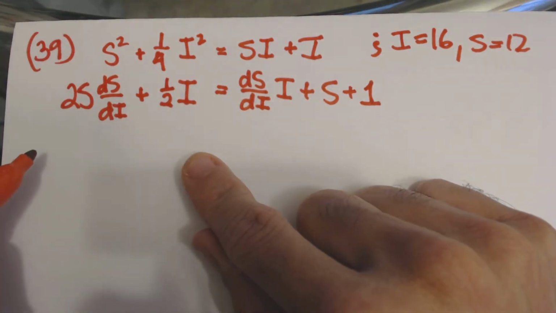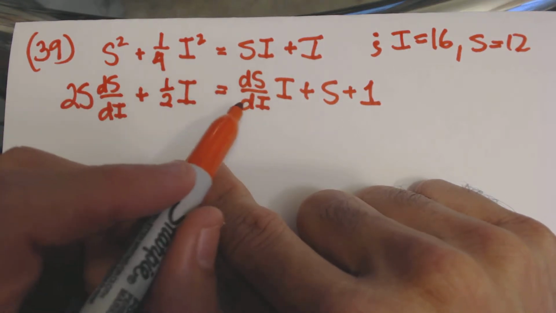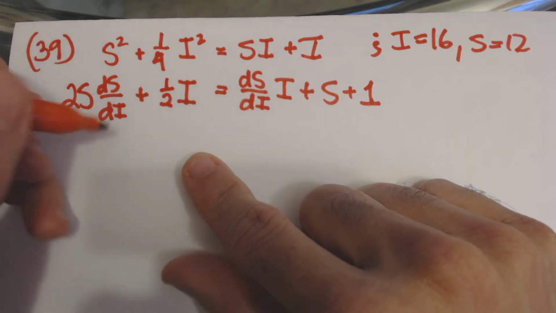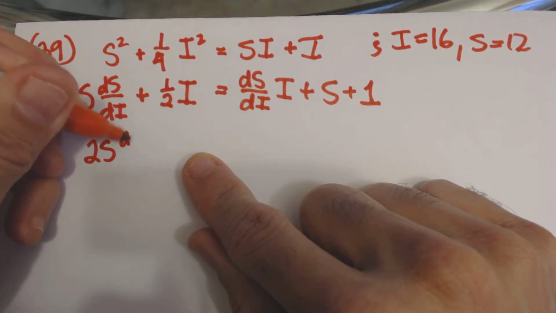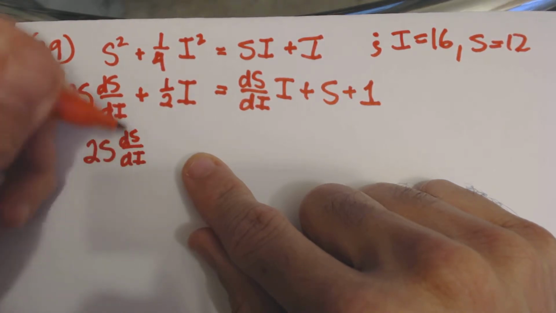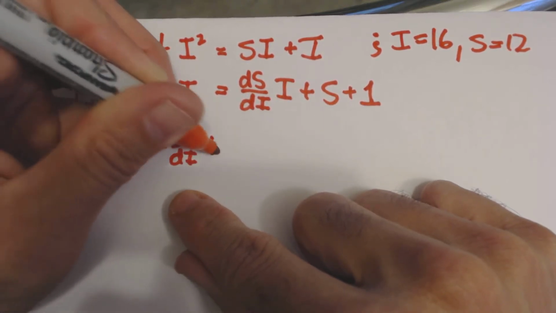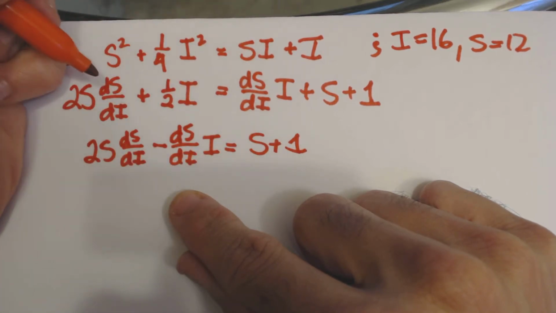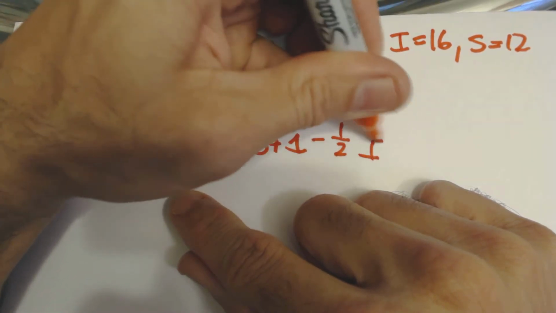Now we want to isolate the ds di terms. So let's subtract 1/2 I from both sides and subtract ds di times I from both sides as well. So we're left with 2s ds di minus ds di times I on the left equals s plus 1 minus 1/2 I on the right.